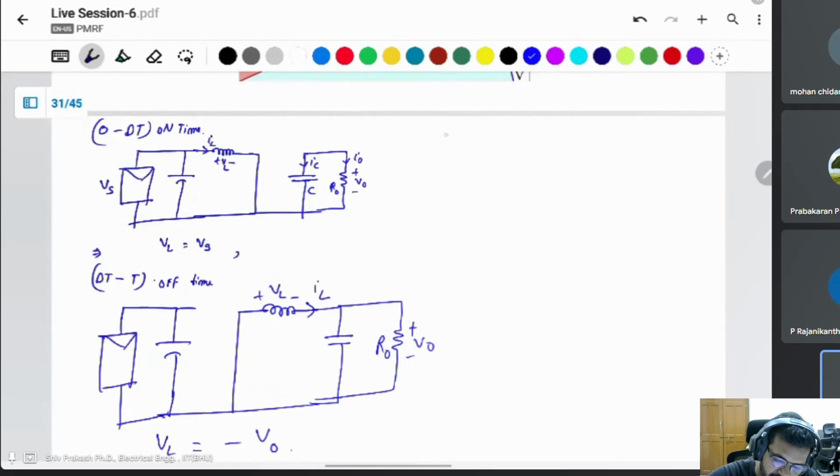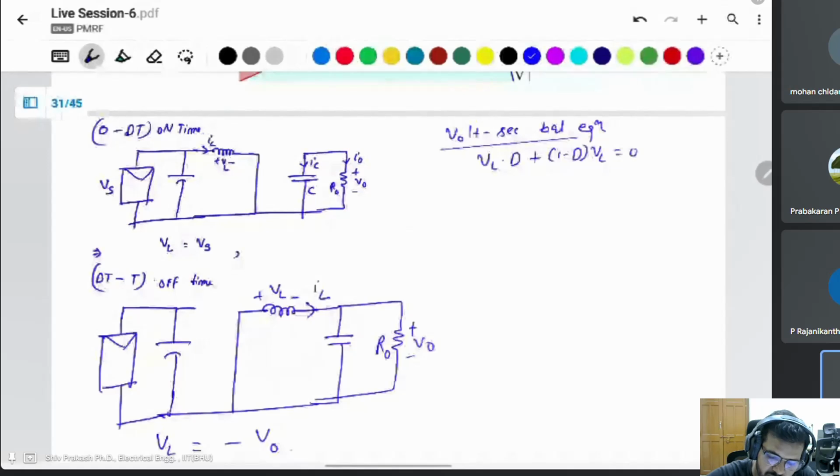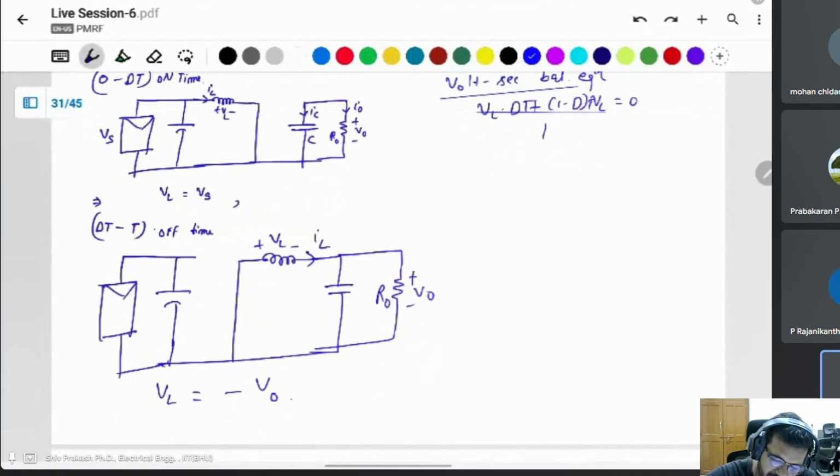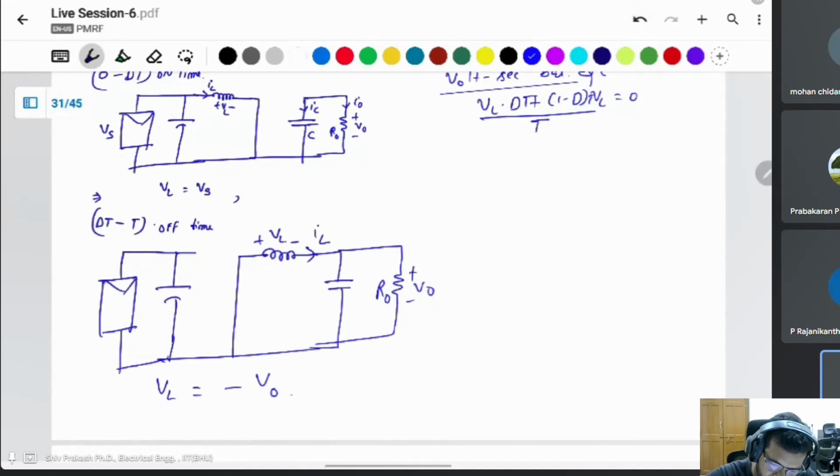Apply the volt-second balance equation. VL times D plus (1 minus D) VL is equal to 0. T will cancel out. This gives D Vs minus (1 minus D) Vo equal to 0.